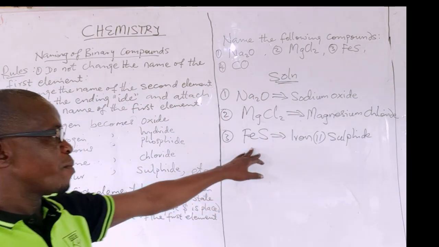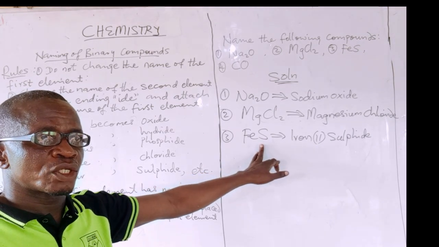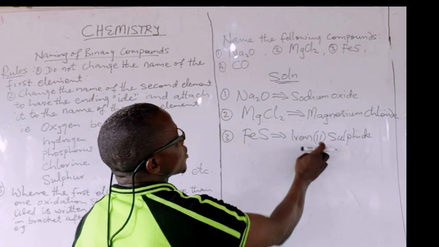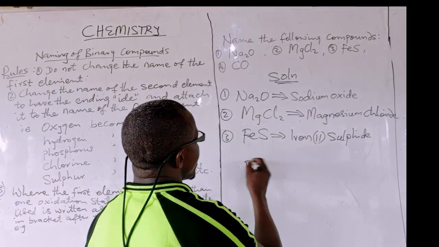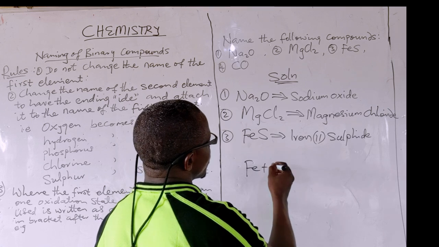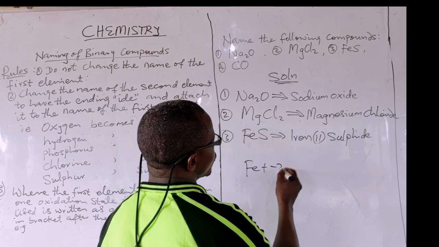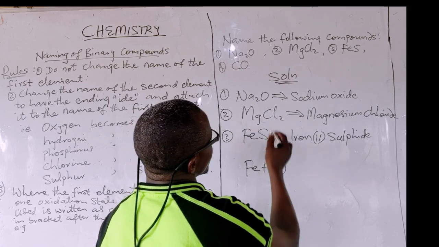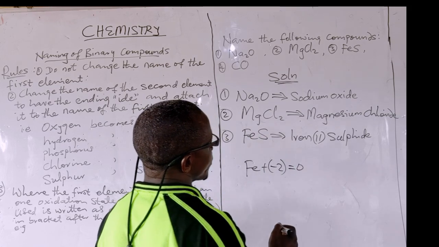I believe you remember how I calculated oxidation number. So how I got it, let me just remind you. Fe, I don't know the oxidation number that is used here, but sulfur here is minus 2. Now there's no plus, no minus, it equates to 0.